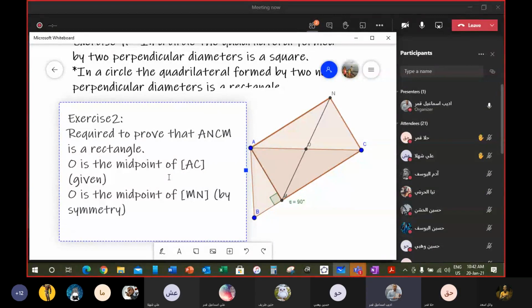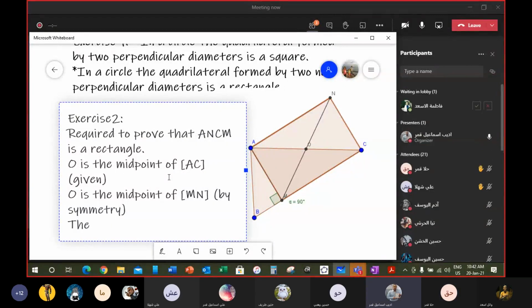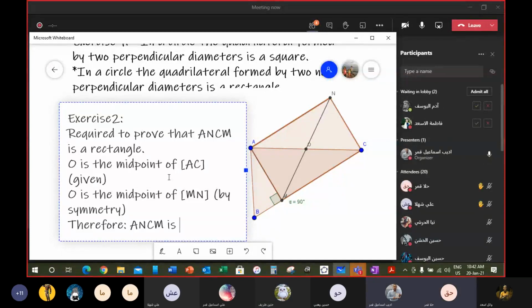Therefore, AMCN is what? It is a parallelogram, since its diagonals bisect each other.